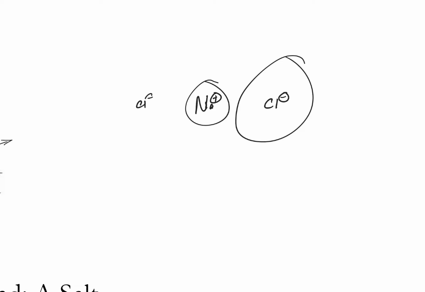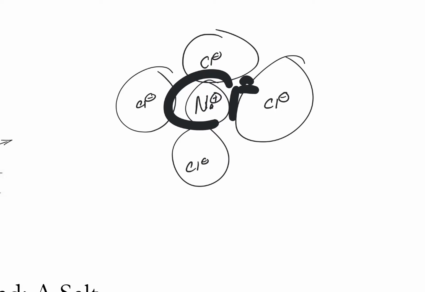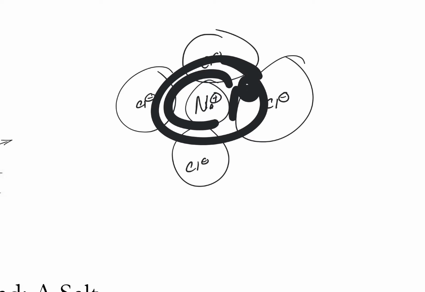So it's more stable if it has a chlorine ion to its left as well, and a chlorine ion below it, and a chlorine ion above it, and then a chlorine ion in front of it. And I know I can't really show it, but there would also be one behind it. So in fact, there's going to be 6 chlorines surrounding each sodium, and the same would be true for the chlorides.